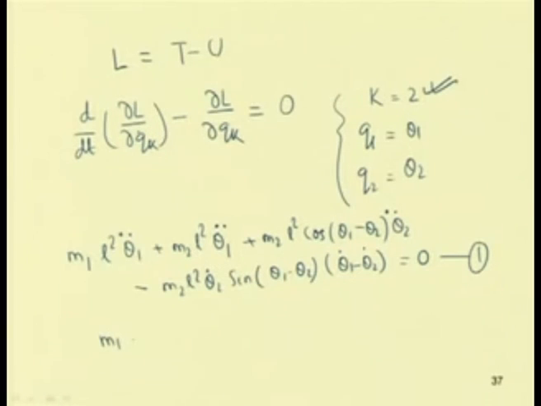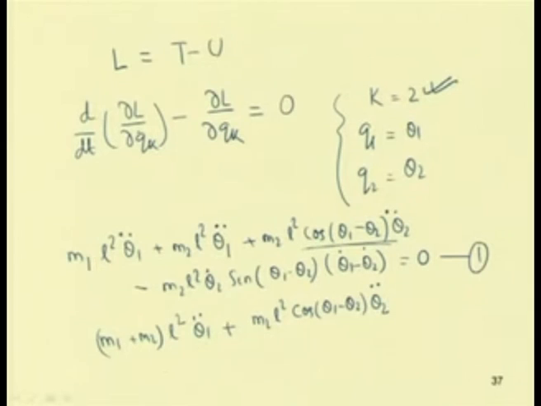It will become (m1 plus m2) L square theta 1 double dot plus, one can expand this cos of theta 1 minus theta 2 term, m2 L square cos of theta 1 minus theta 2 times theta 2 double dot.